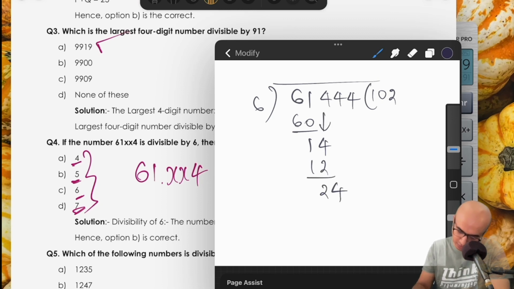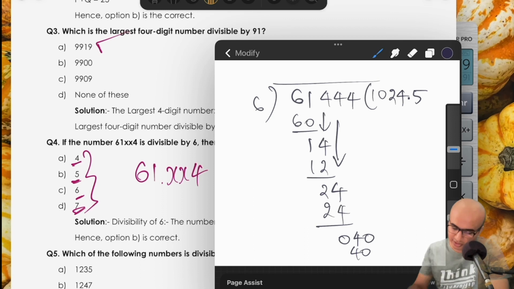I'm just carrying down here. So then 6 fours are 24. Nothing is left. Then I'll have to carry down 4, but 4 cannot be divided, so I'll have to use a decimal here. A 0 will be added. So 6 5s are 40. So obviously not working because it is not perfectly divisible by 6. We have to use a decimal here, so that is not working.